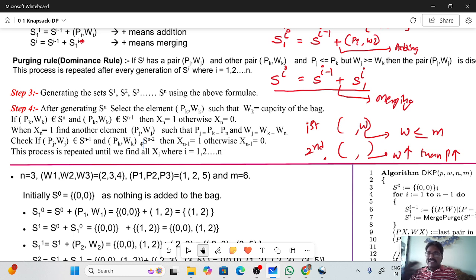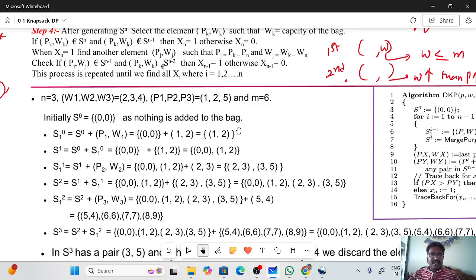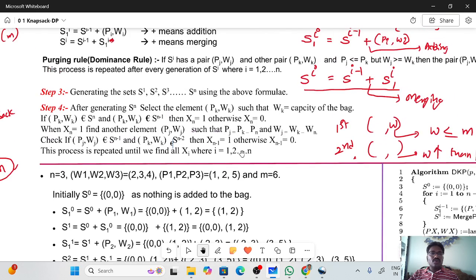We simply remove it, because that pair is dominated by the other pairs in the set. What does that mean? When weight increases, profit must increase. When weight increases and profit decreases, such a pair must be removed from our set. That we technically call the purging rule or dominance rule.